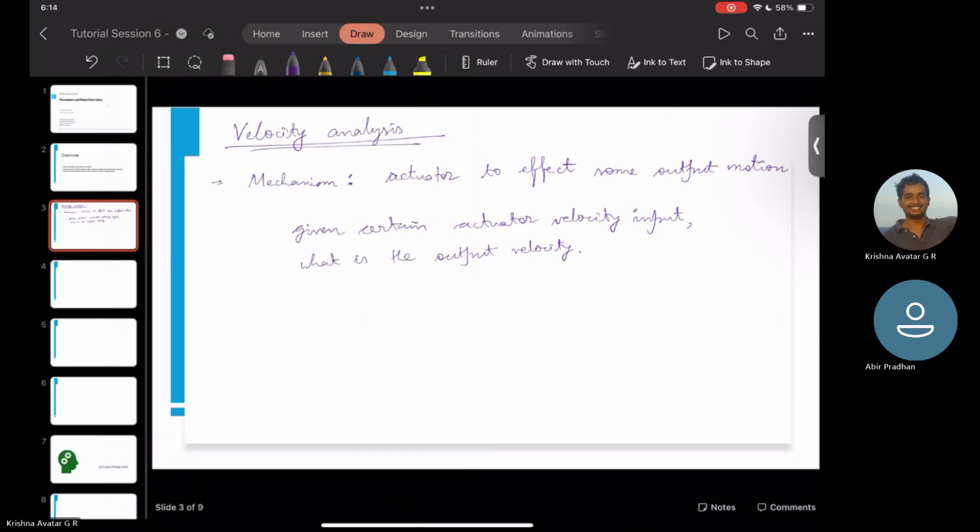Now, as in the previous cases, we will be talking about the forward problem, which is: given actuator rates, find output velocity.